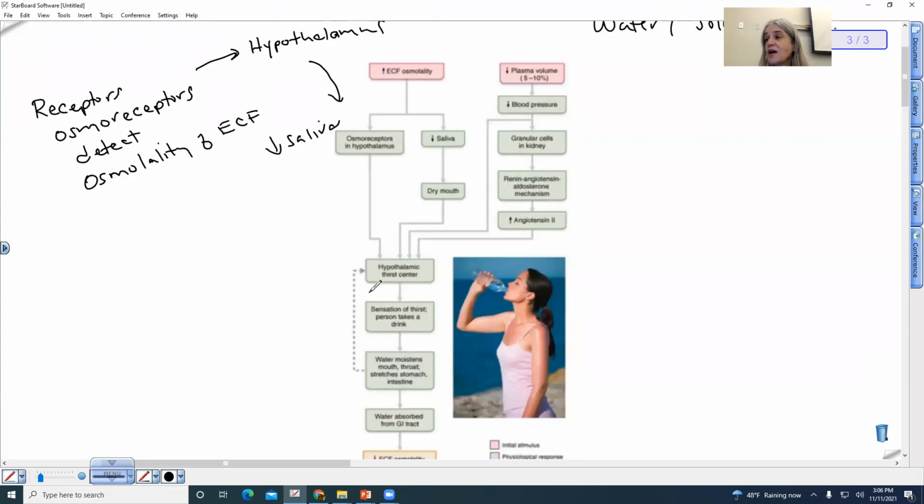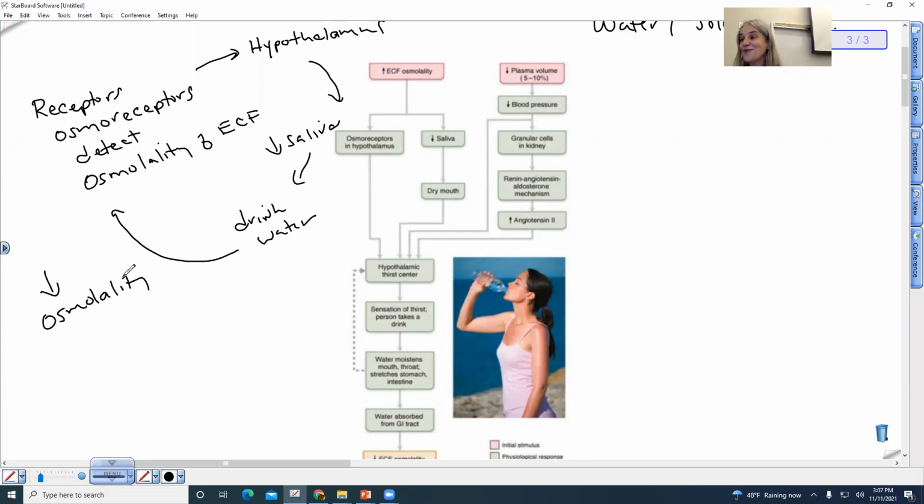And so you're going to want to moisten your throat, and this is going to cause a response where you drink water. And then this is going to decrease osmolality.